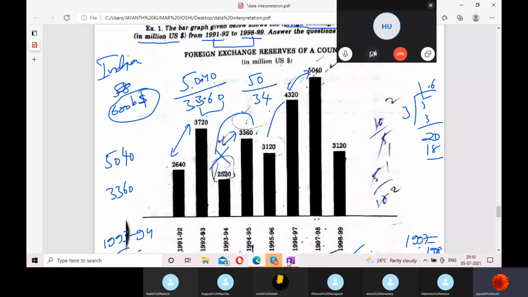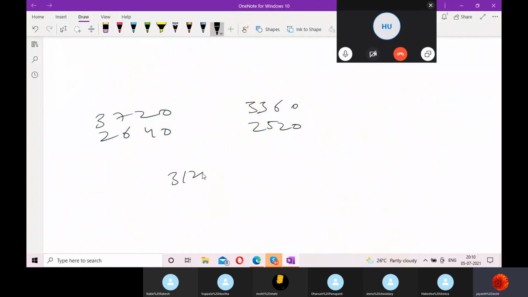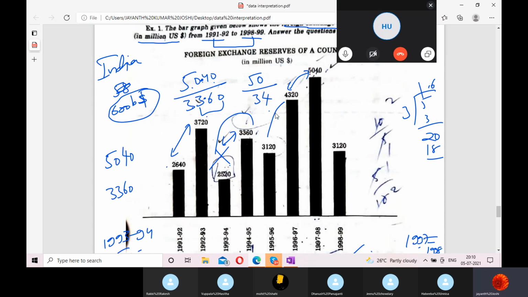So 3120 and 4320. Here I am thinking the increase is very much. Why? Because the graph shows it very broad. By seeing the figure also you can understand. Here the gap is very much.